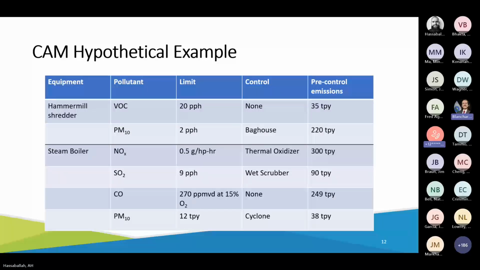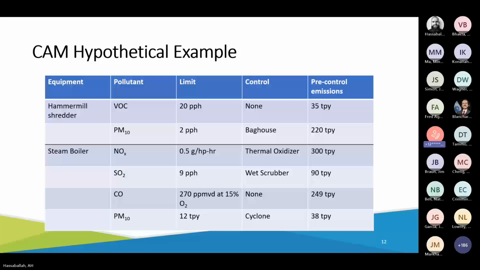So first we have to look at VOC. Are the pre-control emissions above a major source threshold? No. Does it have a control device? No as well. So that pollutant-specific emission unit for VOC will not have CAM applicable. Looking at PM10, however, we see that the pre-control emissions are greater than the threshold at 220 tons per year, and they use a control device on that emission unit to limit their PM10 to 2 pounds per hour.